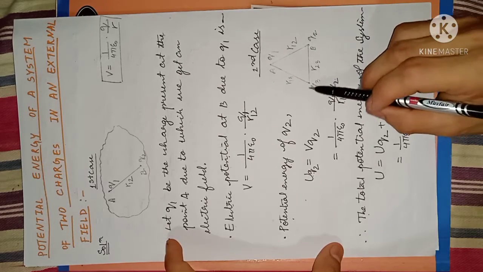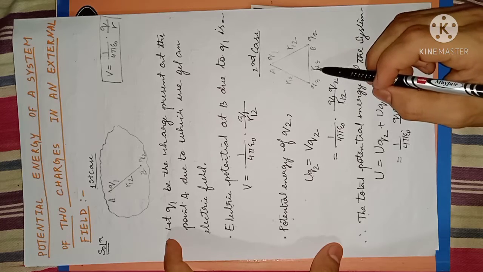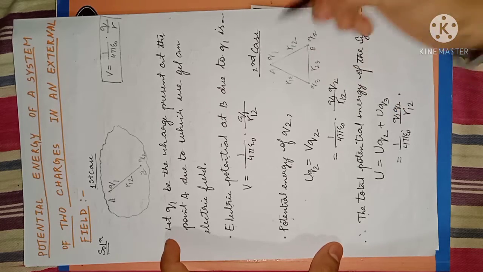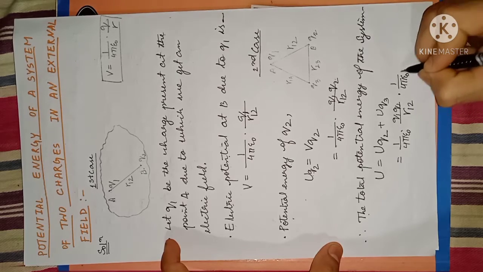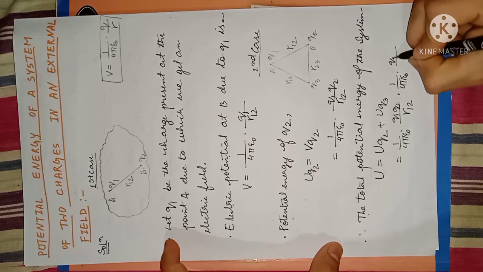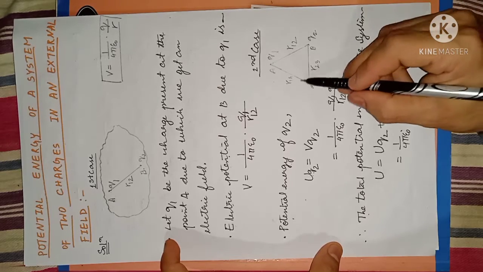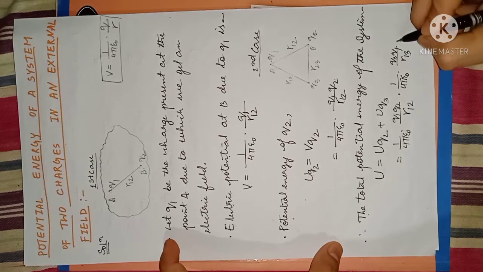Similarly, we need to find for Q3. For Q3, there will be two distances, R23 and R13. Similarly, we need to write here 1 by 4 pi epsilon naught into Q3 into Q1 by R13.